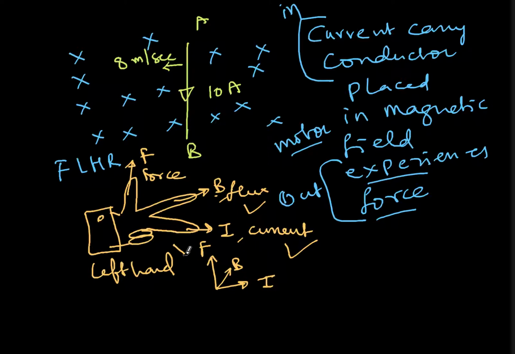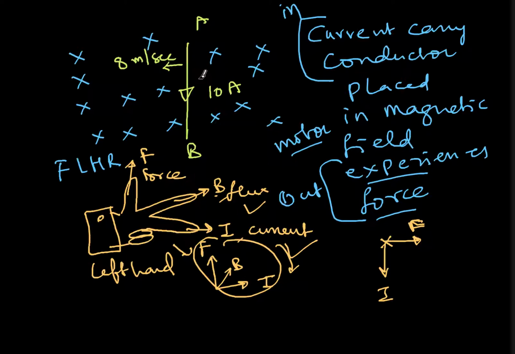So this is exactly the same thing. Now if I want to align with the current AB, the current is downward. So if I rotate this figure by 90 degrees, I get current downwards, the flux into the board, and the force towards the right side.